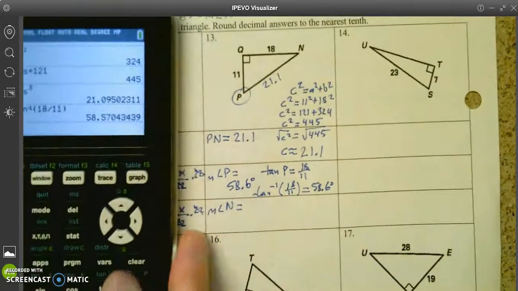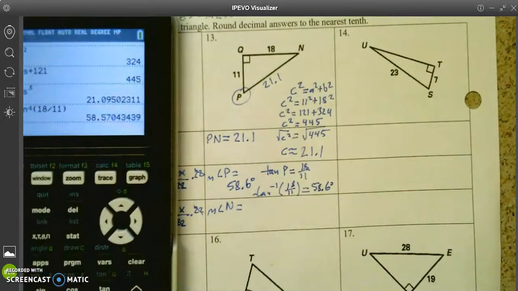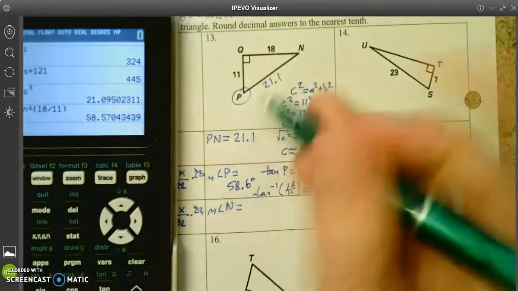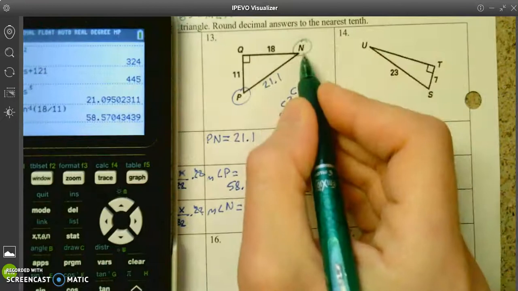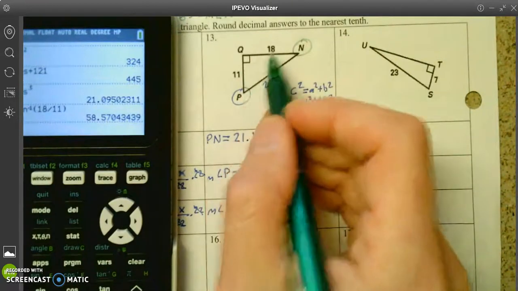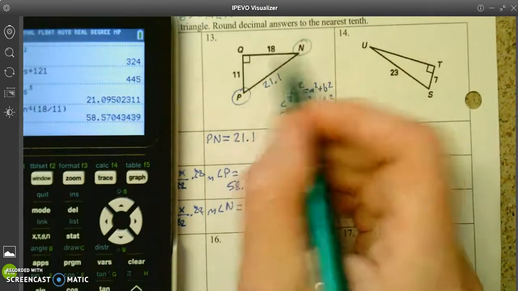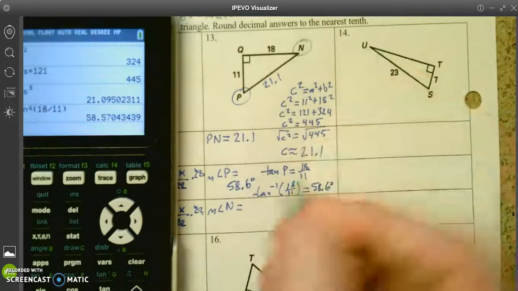And then similarly with N, now if I use this as my reference angle, opposite is 11, adjacent is 18, so be careful now that I'm going here instead.